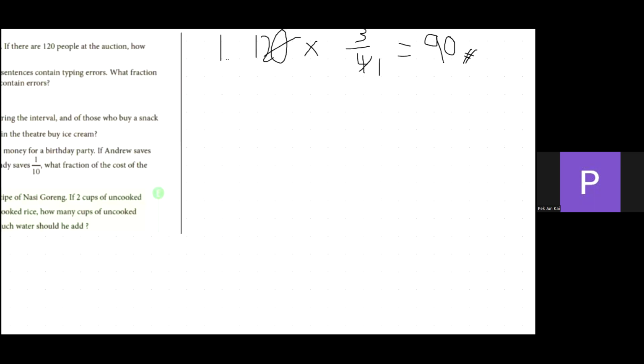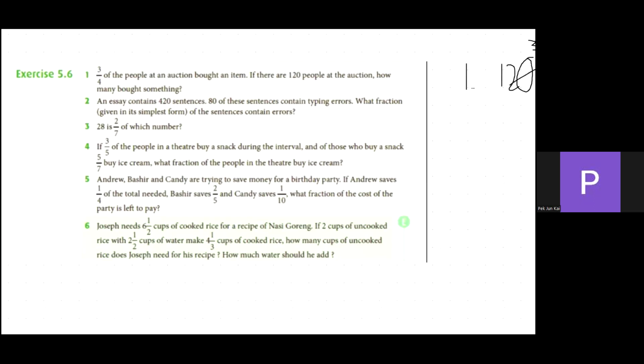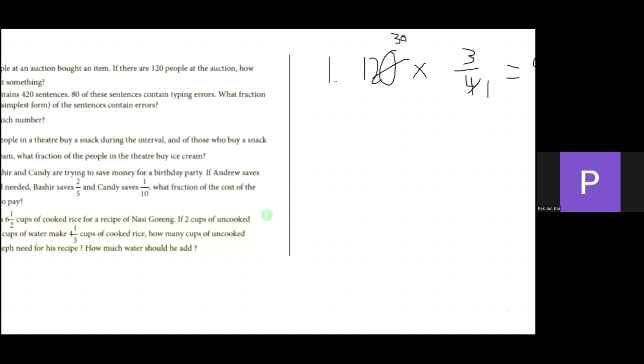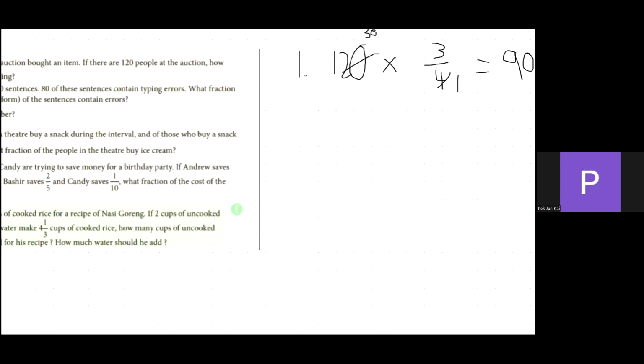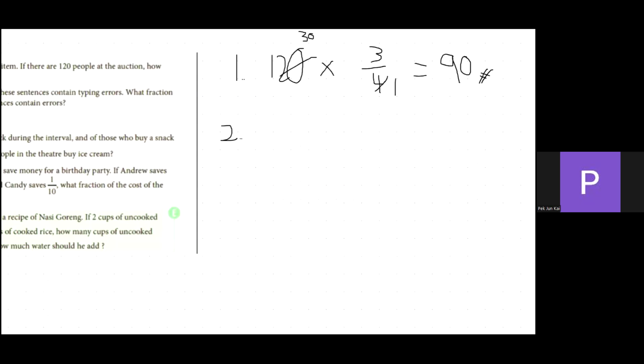Next, question number 2. An essay contains 420 sentences. 80 of the sentences contain typing errors. What fraction, given in its simplest form, of the sentences contains errors? So, question number 2. There are 420 sentences and 80 of them have typing errors.